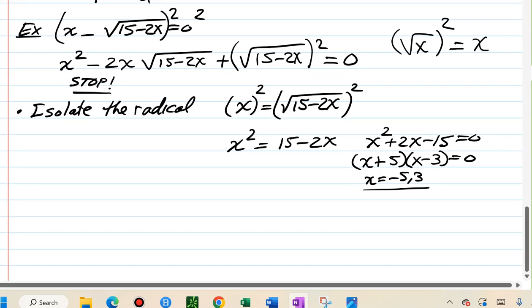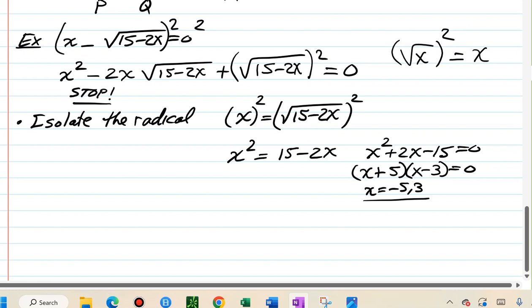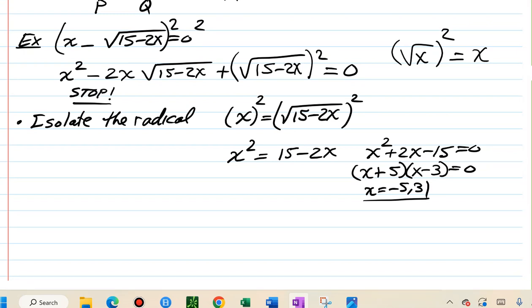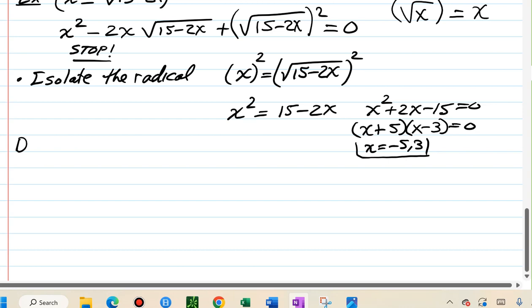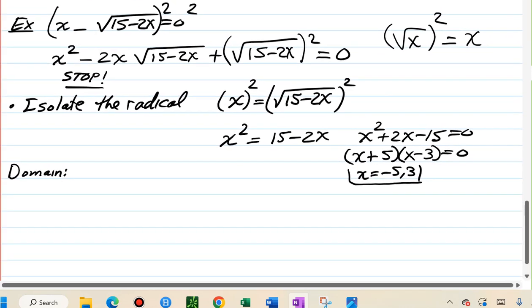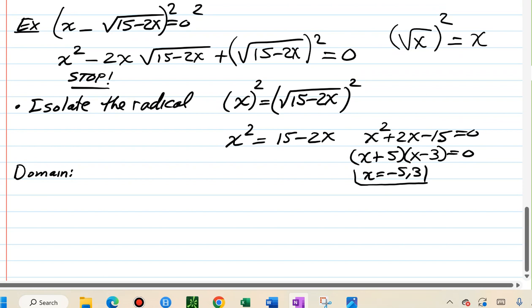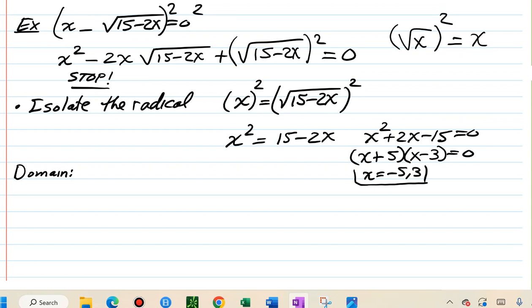Now, with radical expressions, we always have to worry about the domain when we solve equations, because we could get numbers that, when we plug them in, will not work. So let's find the domain of this radical. The domain of all radical expressions, square roots or any radical, is where the radicand is defined, where we can actually take the roots, whether it's square root, cube root, fourth root, whatever.